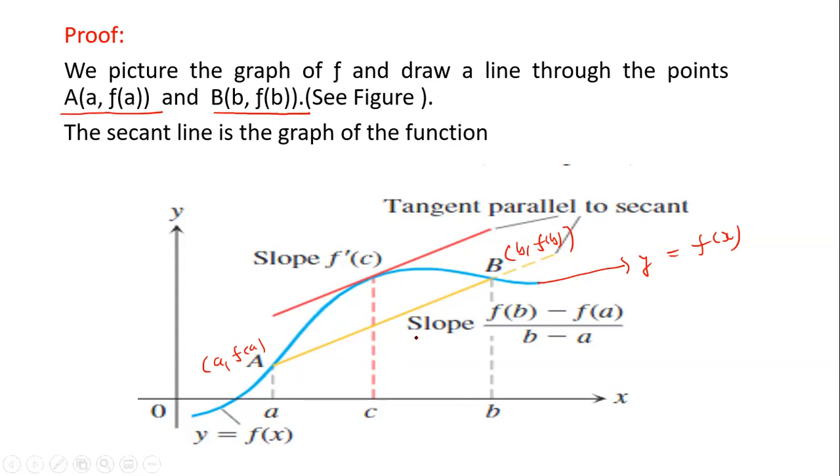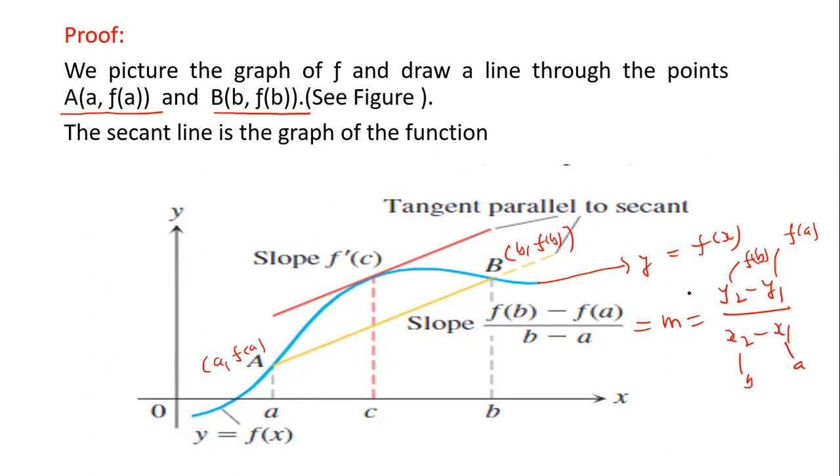Now, suppose, for example, you already know the formula for slope. What is the formula for slope? You already studied it in intermediate. The slope m equals y2 minus y1 by x2 minus x1. Here y1 means f of a, y2 means f of b, x1 means a, and x2 means b.